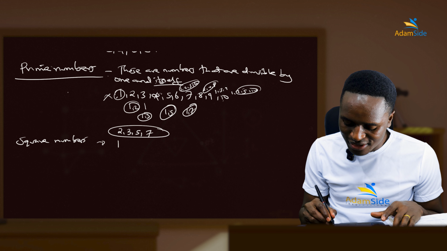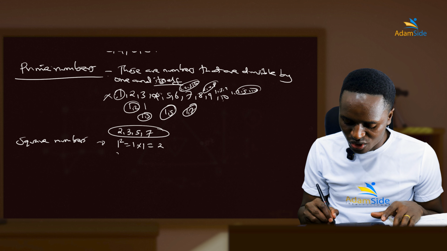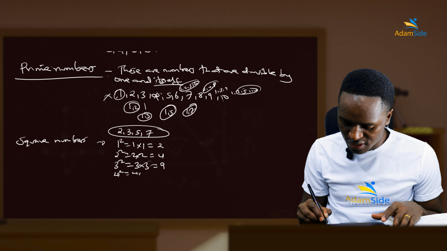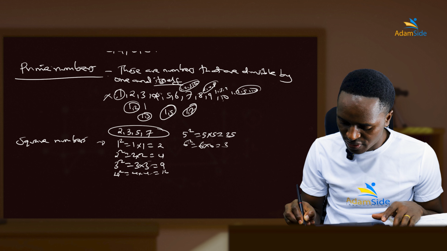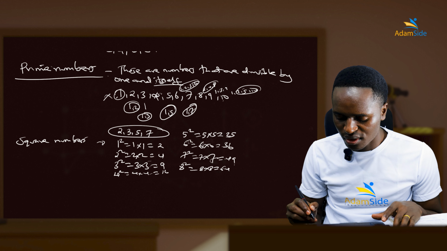1 squared is 1 times 1, you get 1. 2 squared is 2 times 2, 4. 3 squared is 3 times 3, 9. 4 squared is 4 times 4, 16. 5 squared is 5 times 5, 25. 6 squared is 6 times 6, 36. 7 squared is 7 times 7, 49. 8 squared is 8 times 8, 64.